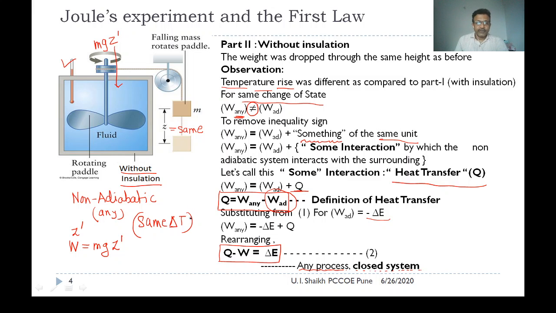Now, this equation number 2 can be further expanded to encompass all the types of energy changes and all the types of work transfers. So that's what we are going to do next.